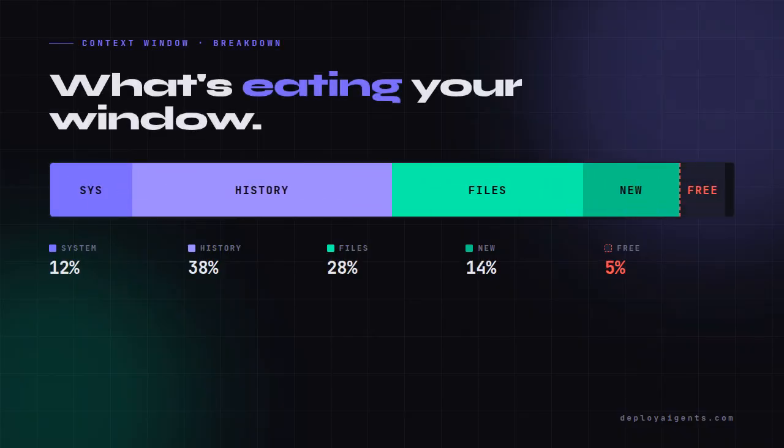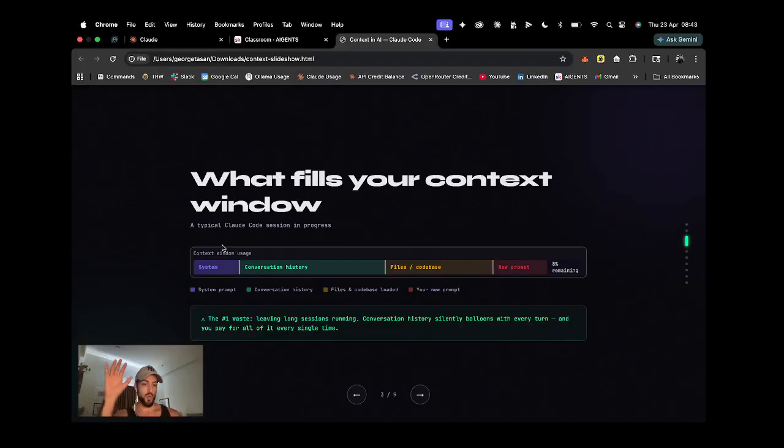What fills your context window is, first, the system prompt. The system prompt is the first thing that's going to fill that up, and that's usually your claude.md file. It takes up some of the context and some of the token usage. Then you have your user prompt, the prompt that you're actually giving Claude Code, which also takes up some of that token usage. Then all the conversation history, it reads through that.